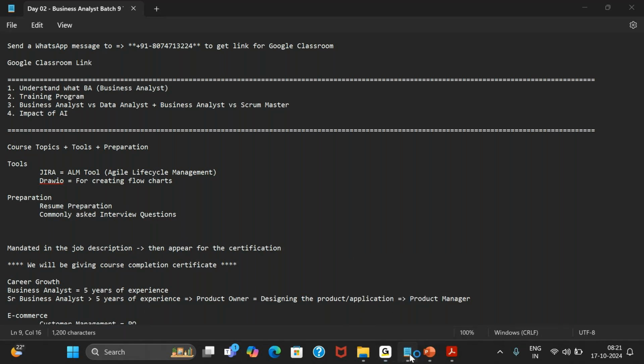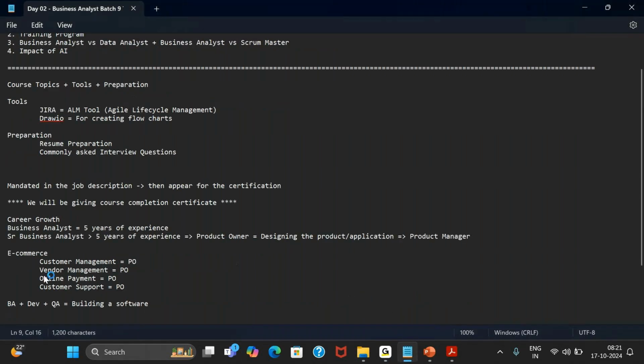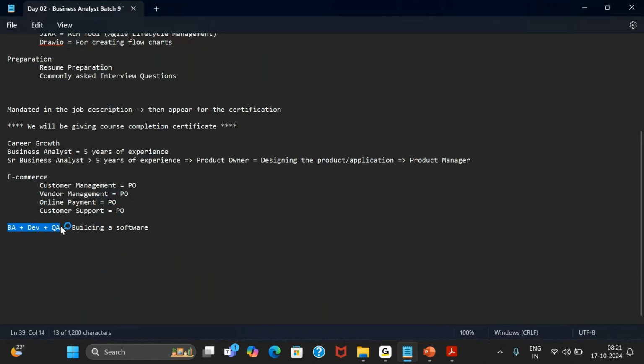Like I mentioned over here, see, these three people together help build software. So these three people together are still IT people. Whether you jump from BA to developer, developer to BA, or BA to quality analyst, and then quality analyst to BA, it's still part of the IT industry only.